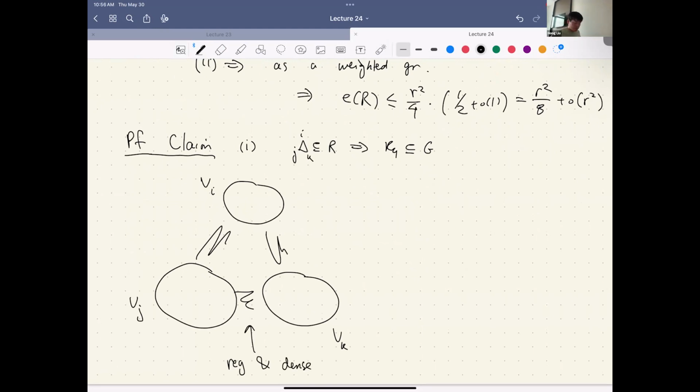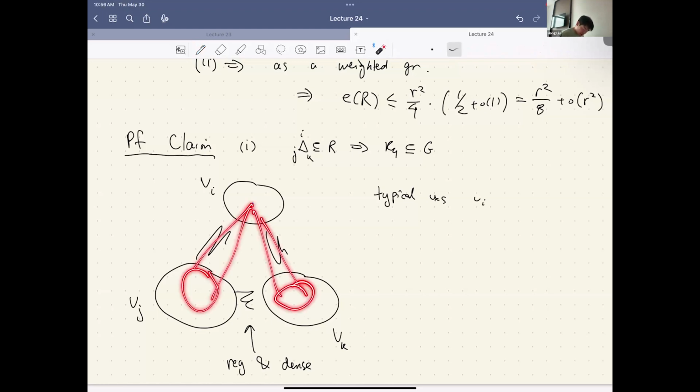Then what are we going to do? Pairwise regular and dense. Now you can just take some typical vertices. In Vi, you take one here, then you update, you look at the neighborhood, you take another one here, you update the neighborhood here, right?